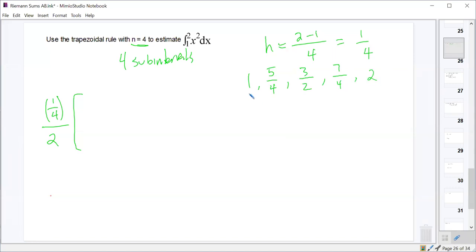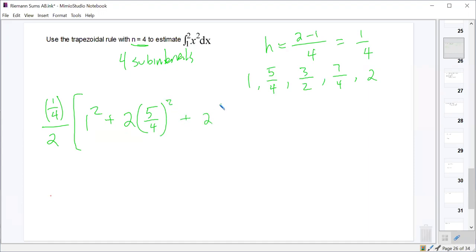These are the beginning and end points of each of the intervals if I'm going from 1 to 2 with 4 subintervals. Would you all agree with that? Okay. So what's the first y value? Well, the first y value, y0, is 1 squared. And the second one, we need to multiply by 2, and it ought to be this x value squared.